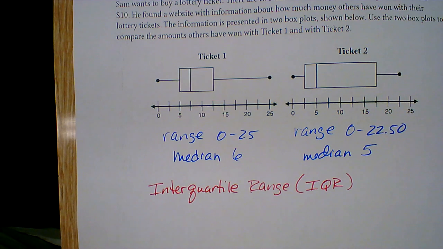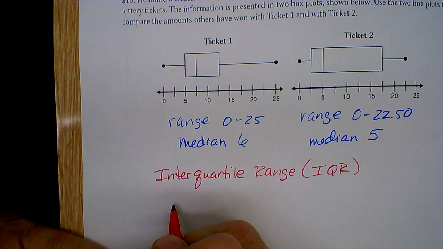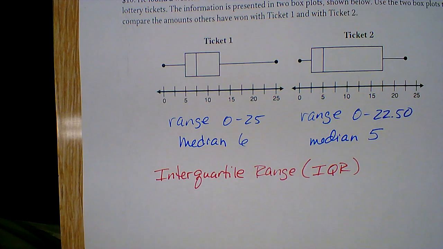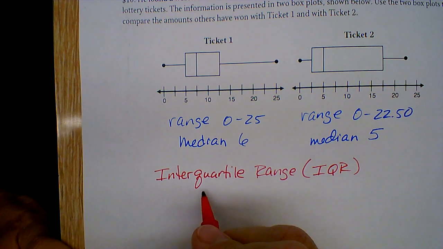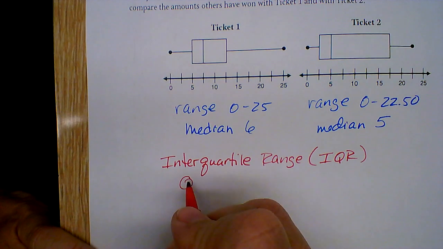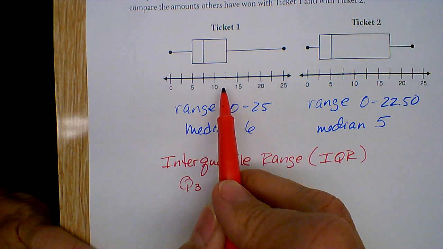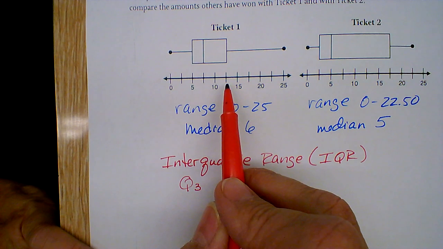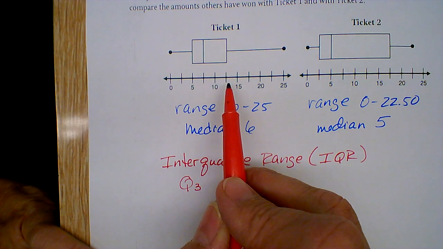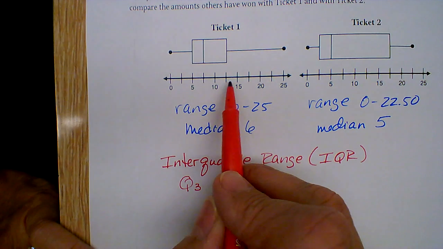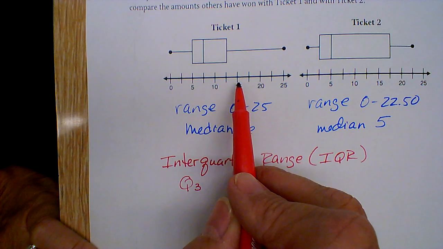To find the IQR, we take the third quartile, which we represent by Q sub 3, which in this case is a line at about halfway between 10 and 15.